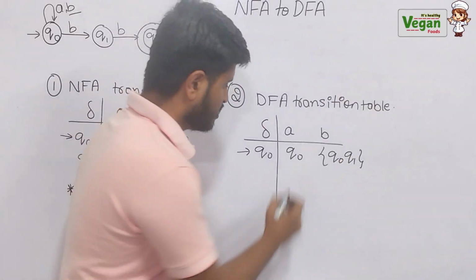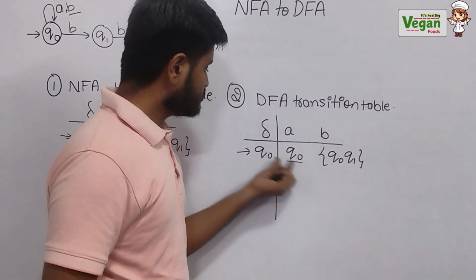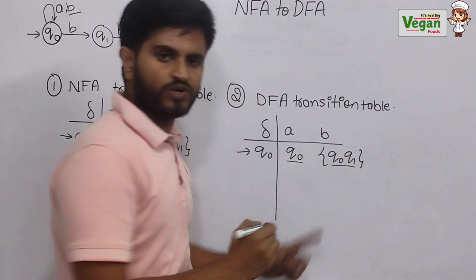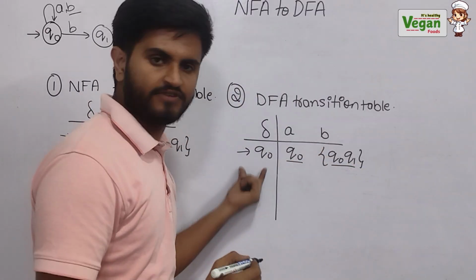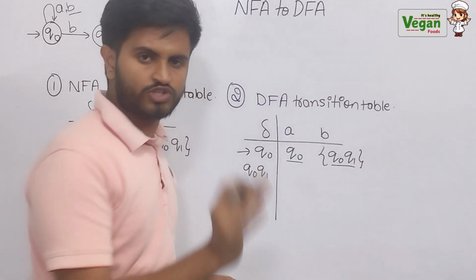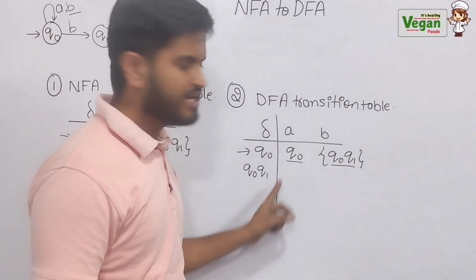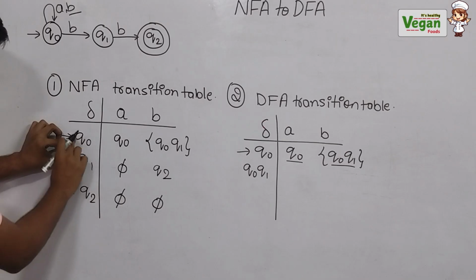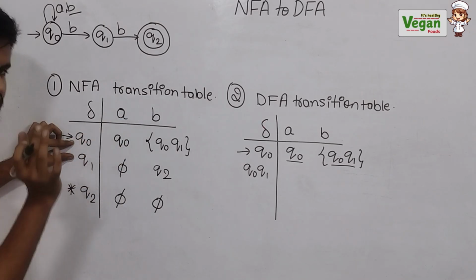Now see, Q0's transition is written here. But Q0, Q1's transition is not written in the left hand side. So what you must do? Q0, Q1 will be the new state and you will be writing the transition for them. So Q0, Q1. Keep the hand here and see for A where it is going.